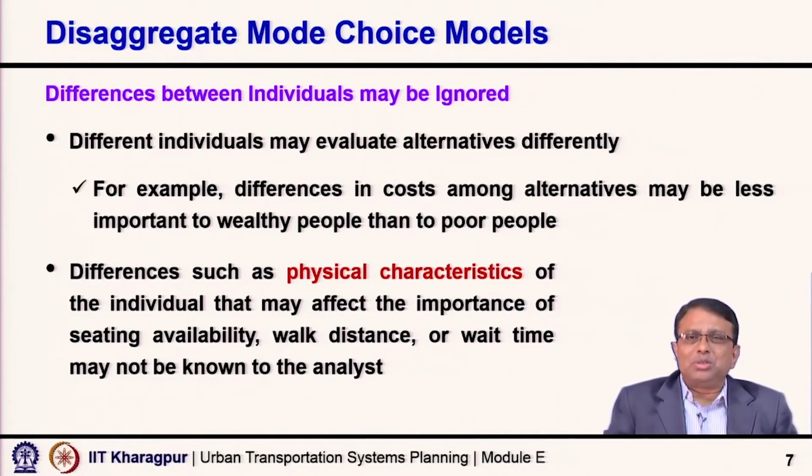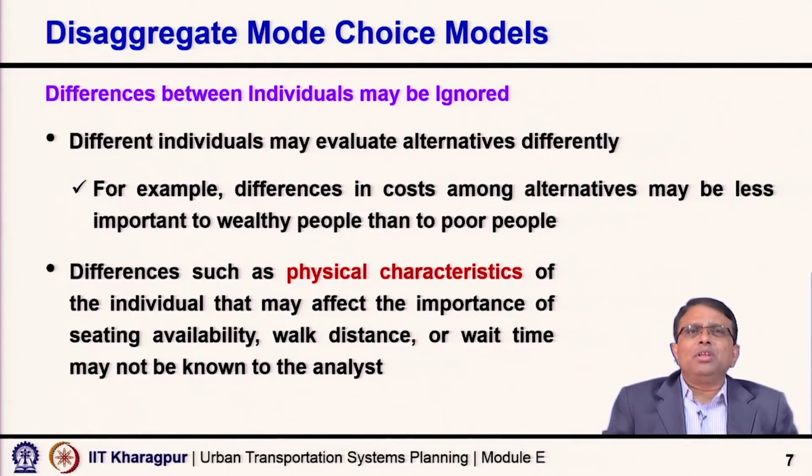He or she may not use public transport simply because the seat is not available and public transport is too crowded. So, there are many such physical characteristics. It may be age, it may be income, it may also be the gender, the security perception may vary.